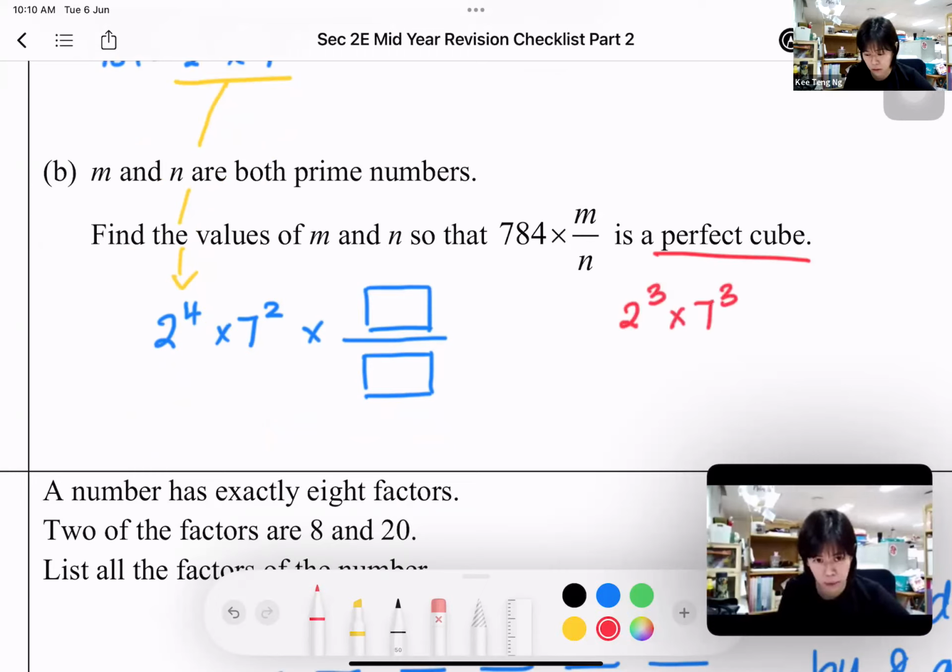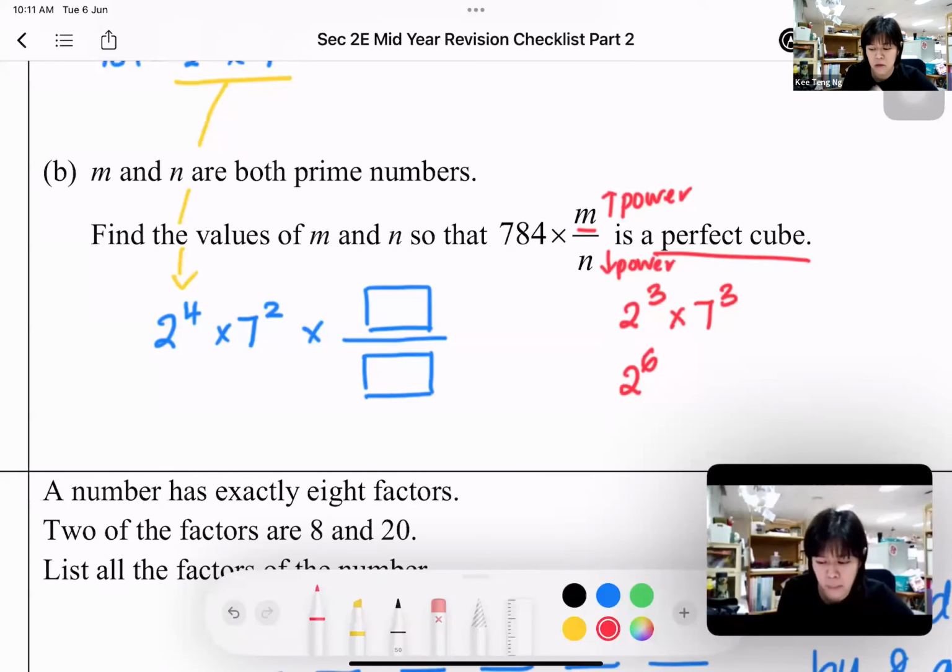Or maybe I can make this 2 to the power of 6, make 7 disappear. Because I need to divide by something, so one power needs to increase. So this one multiplication, one power increase, one division, the power decreases, right? So power increase, power decrease.